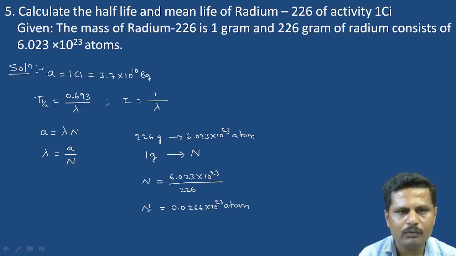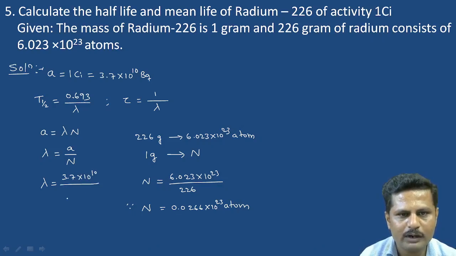So now we can have lambda by substituting n. Therefore lambda equals A, that is 3.7 into 10 raised to 10, divided by n, which is 0.0266 into 10 raised to 23.